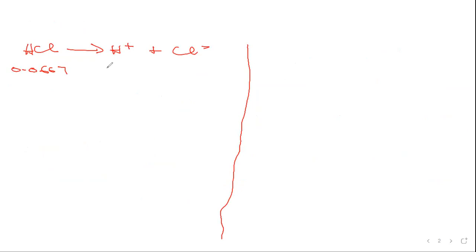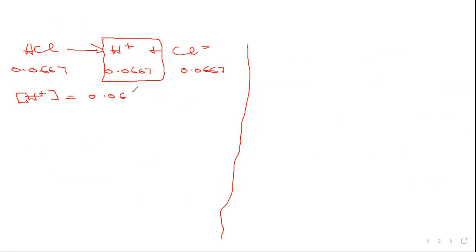And once it's breaking down, you're going to have the same thing here, 0.0667, and here too, 0.0667. But our attention is on the H plus concentration. And so we can boldly say that our H plus concentration is now equal to 0.0667 molar. And once we have our H plus concentration, we can find our pH by taking the negative log of this because it is a strong acid.